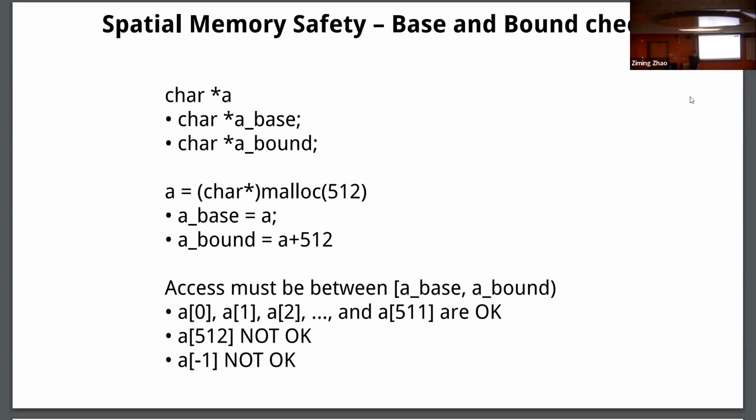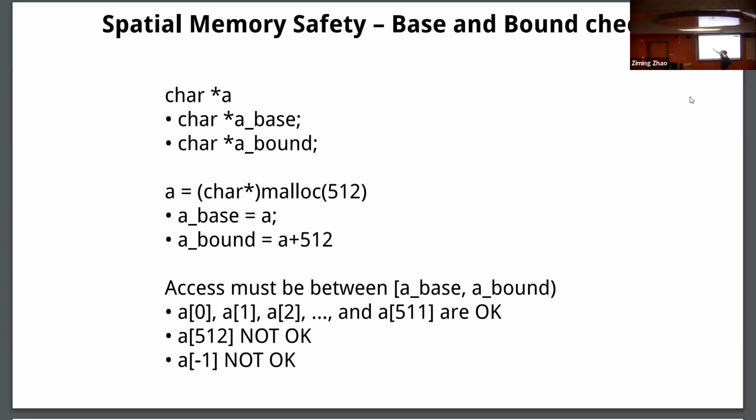So developers do not necessarily come up with those two pointers. The compiler or OS can instrument those directly. Let's say we have a pointer A, and we use malloc to allocate some, like 512 bytes, and then assign that address to A. Then implicitly, we will also create a base and a bound for that A pointer.